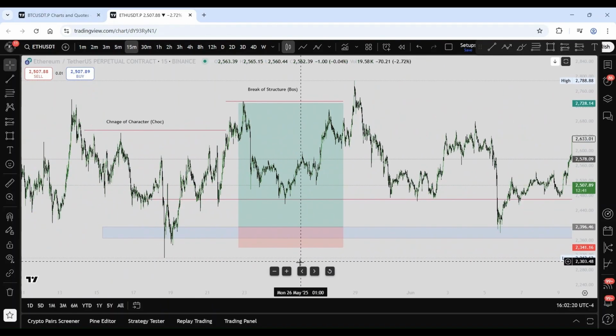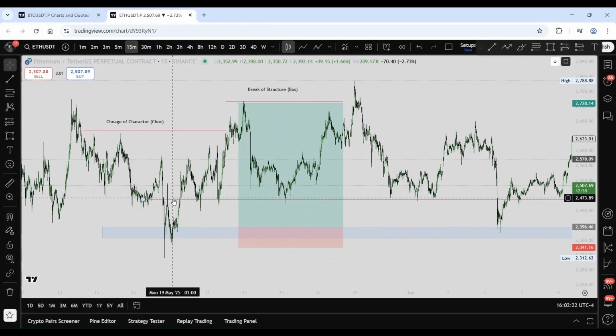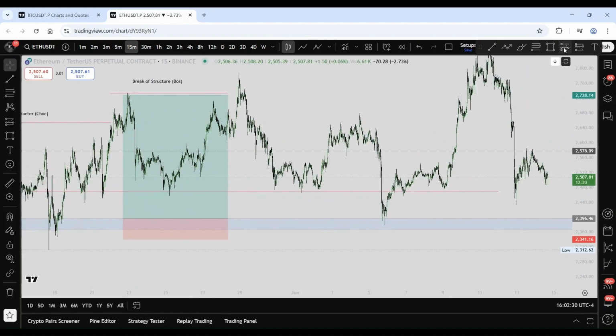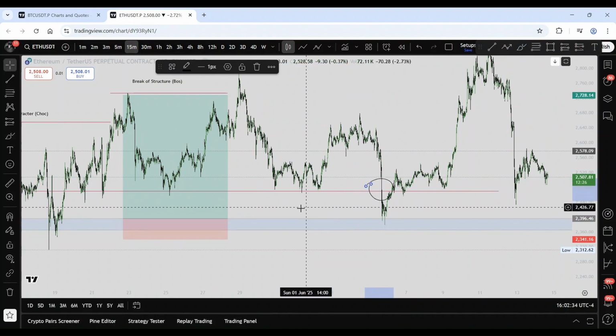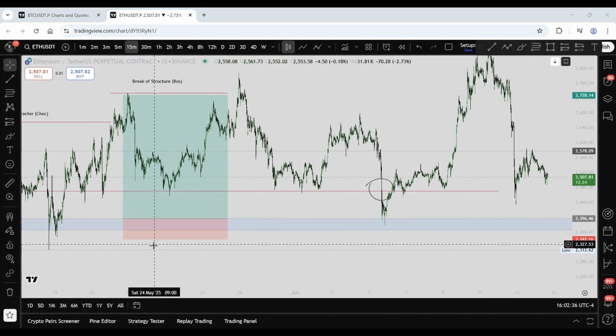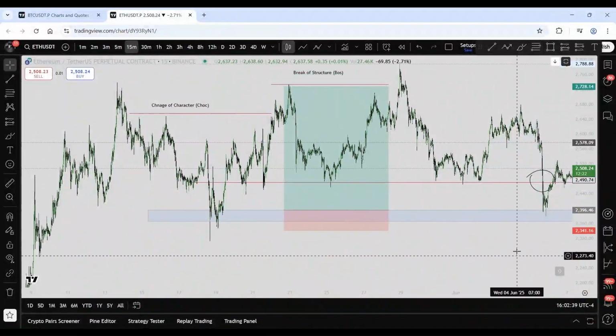Now we're gonna see the price actually broke down and made lower lows before taking the liquidity just over here. Liquidity was taken. The price came to the order block.